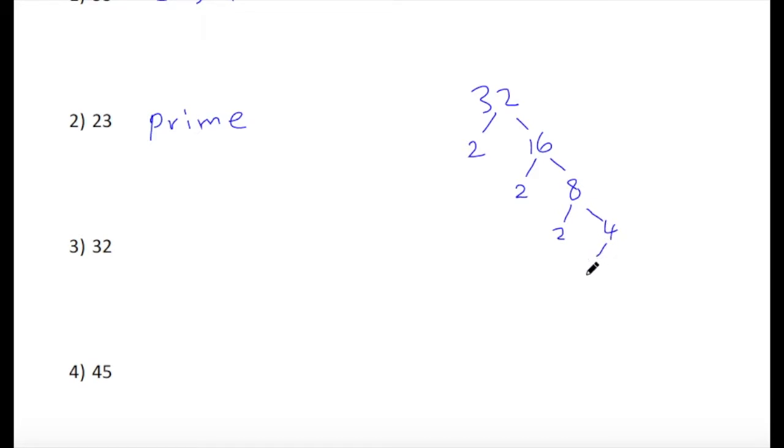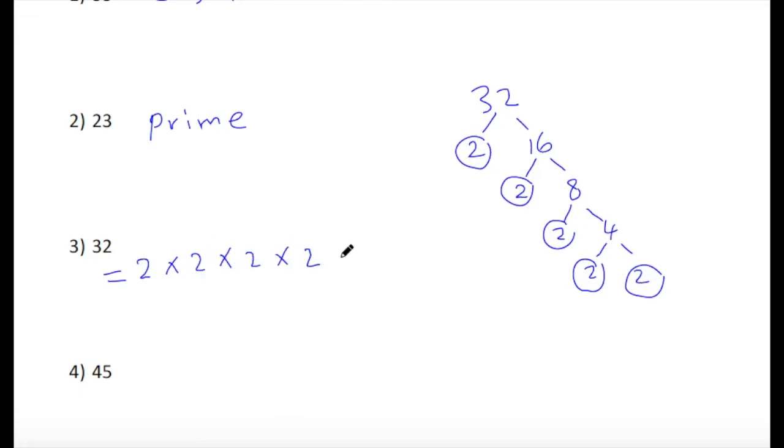And 4 also can be written as 2 times 2. Now 1, 2, 3, 4, 5 twos. So we can rewrite 32 as 2 times 2 times 2 times 2 times 2, 5 times, or 2 to the power 5.